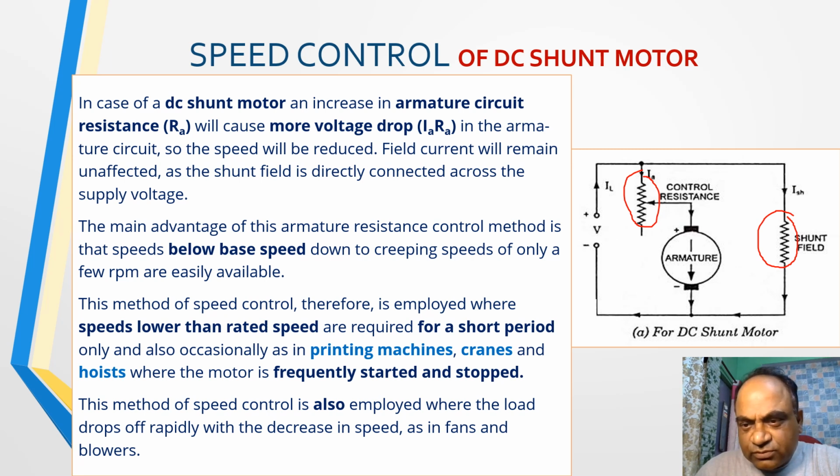So this will give you speeds below the rated speed of the motor. This method of speed control therefore is employed where speeds lower than the rated speed are required for a short period only and also occasionally, as in the case of printing machines, cranes, hoists, where the motor is frequently started and stopped.